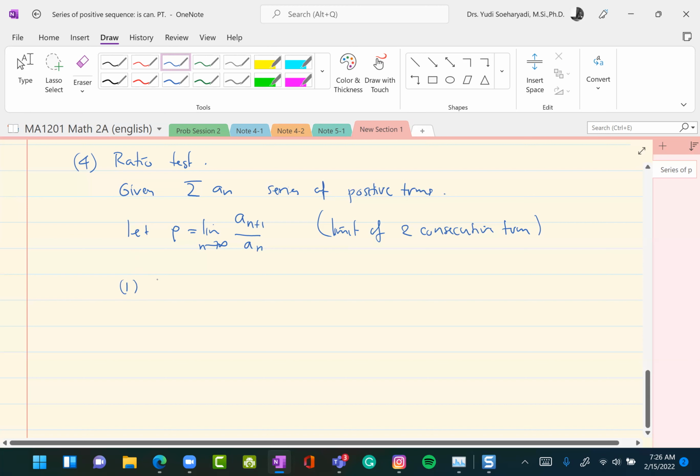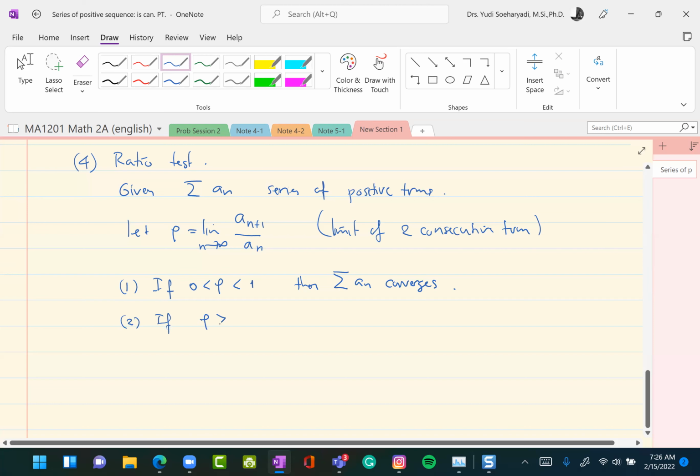One, if rho is less than 1, then the series converges.